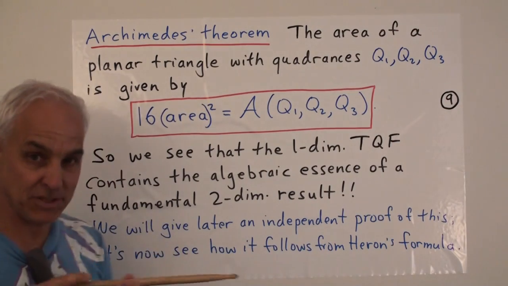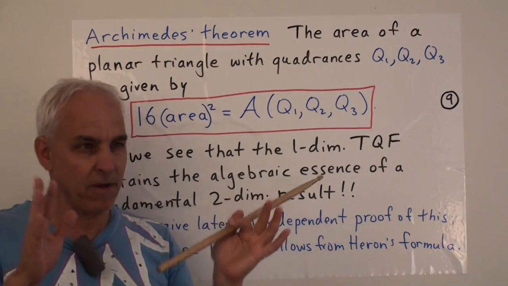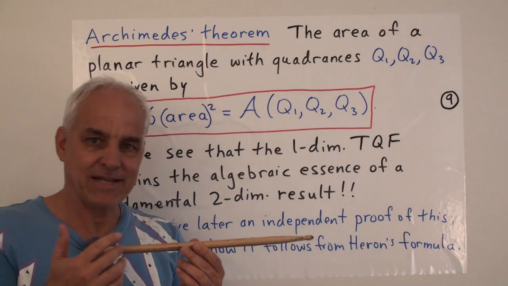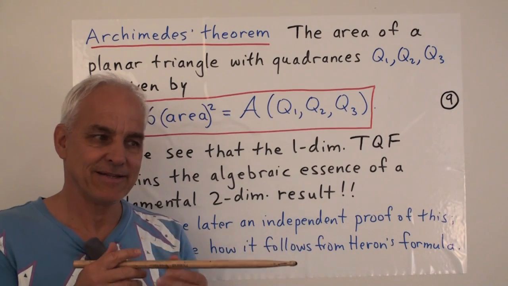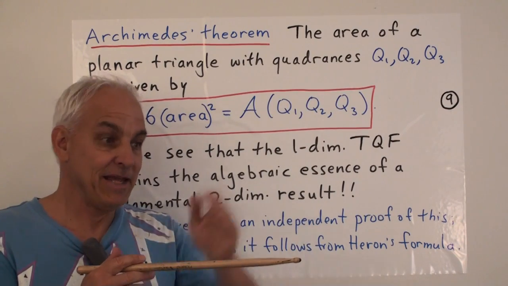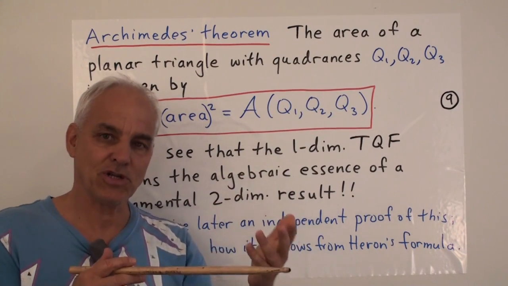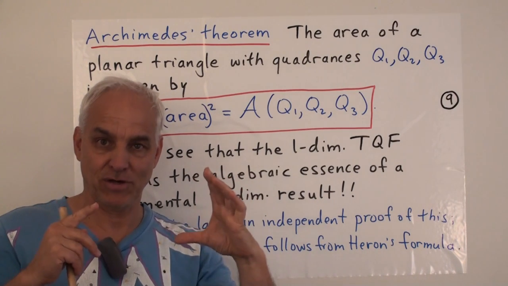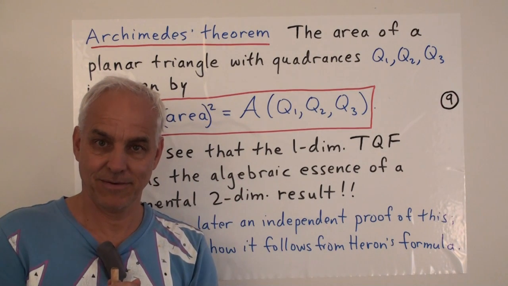So this is a very interesting point, and I think it opens up all kinds of possibilities, that a situation in one dimension somehow points the way, leads us to the right notions to understand something fundamental in a higher dimension, namely in two dimensions.